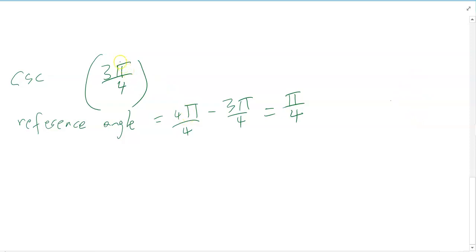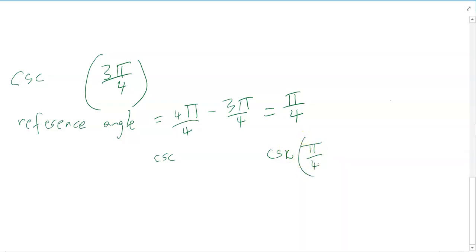But because 3 pi over 4 is in the second quadrant and sine is positive there, it's going to be the same as the positive value of pi over 4, which is in the first quadrant, and the sine is also positive there.